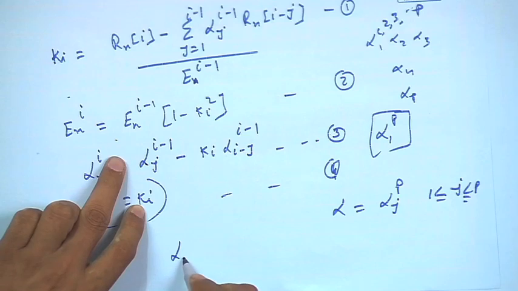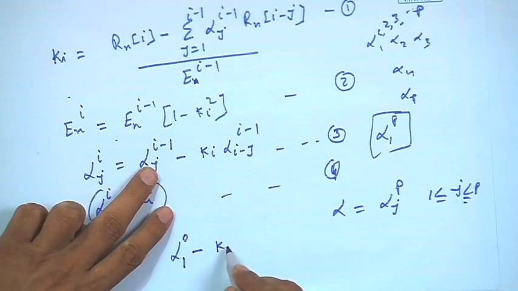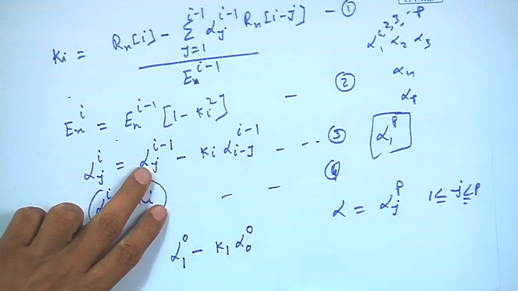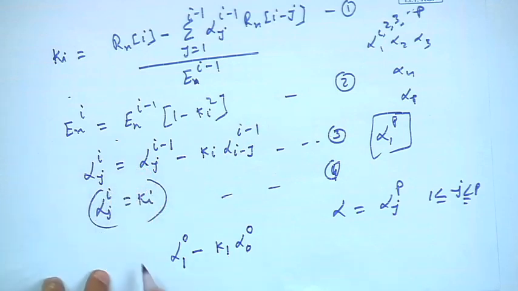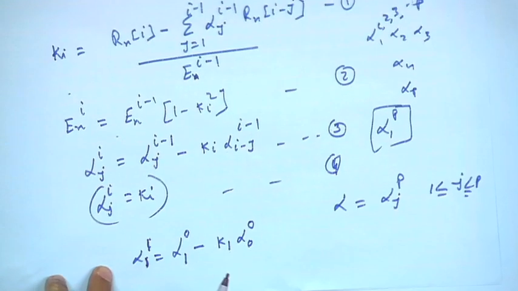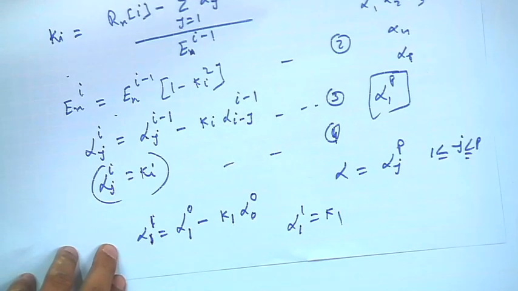So, it is alpha 1 0 minus K1 alpha 0 0, and alpha 0 0 is equal to alpha 1 1. I can get alpha 1 and alpha 1 1. Then alpha 1 1 is equal to K1.